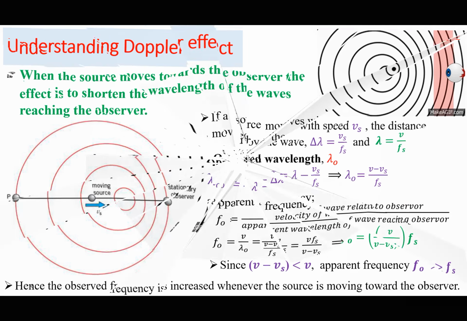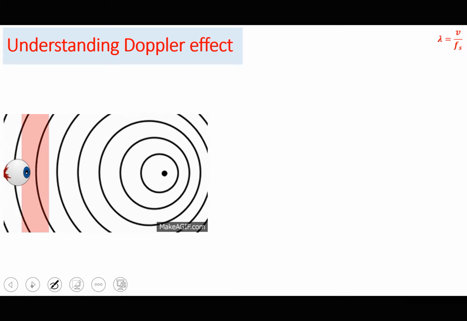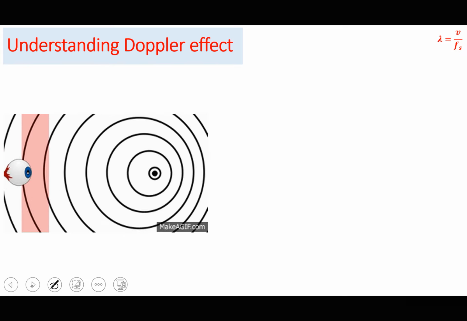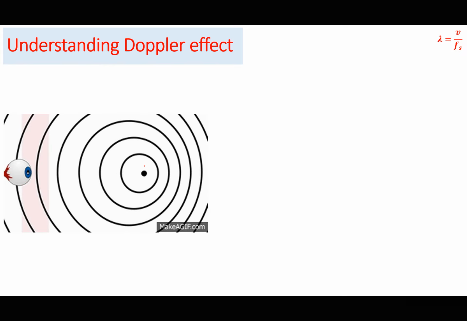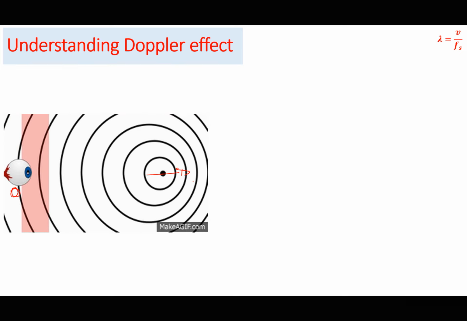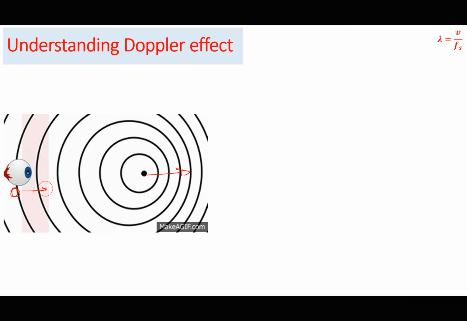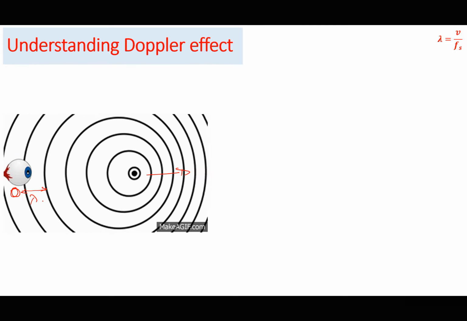But on the other hand, let's investigate what happens when the source is moving away from the observer. In this animation here, we have our observer somewhere here, and we notice that the source is moving in this direction. We notice what happens to the distance between the crests.